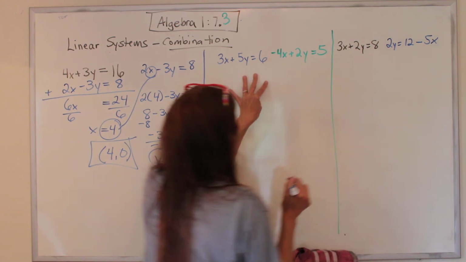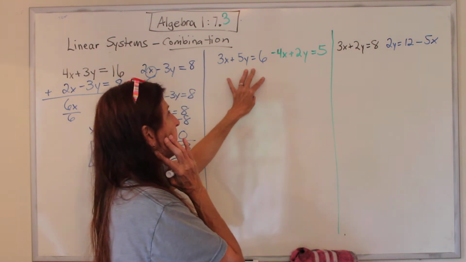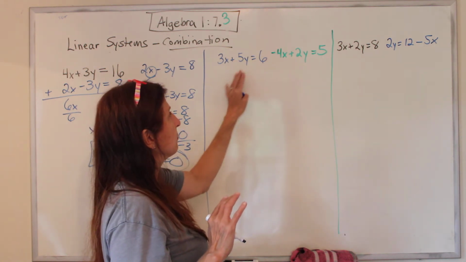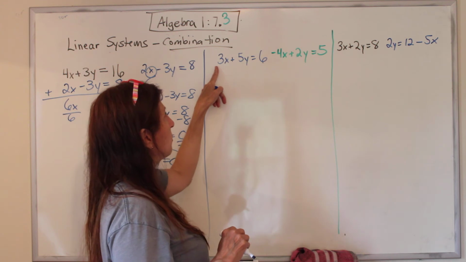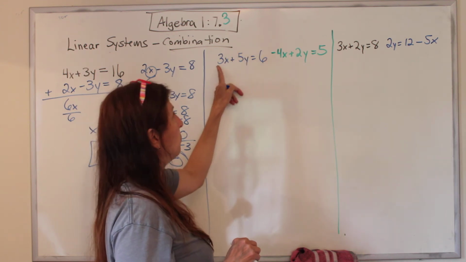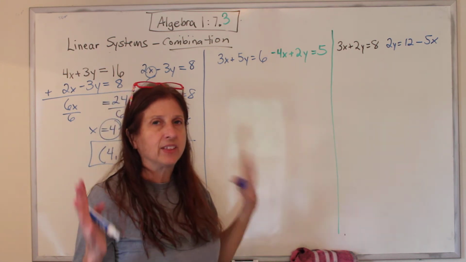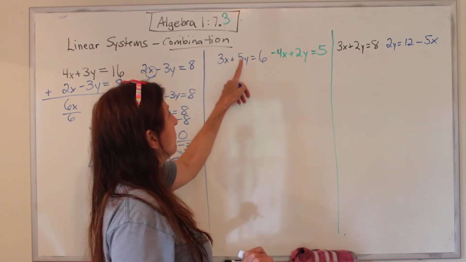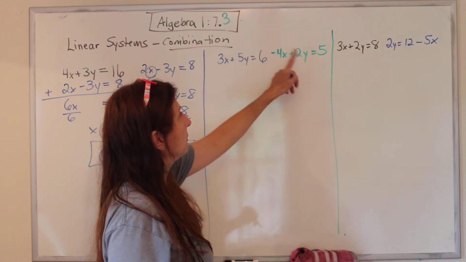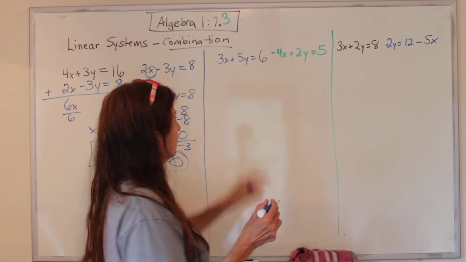So if you have to mess with it, what you do is you multiply to make something equal and opposite. So like I can multiply this equation by 4 and this equation by 3, and then I would have things that are equal and opposite. Or I can multiply this equation by 2 and that one by 5. Either way would work. Let's do the x's, okay?